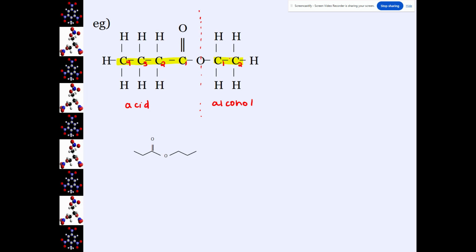Now I name the alcohol side first. The alcohol side is called ethyl because there's 2 carbons in it. I put a space, and my acid side is butanoate. So the name of this is ethyl butanoate. Okay? If I look at a line diagram, these lines go to oxygen, this double line goes to oxygen.